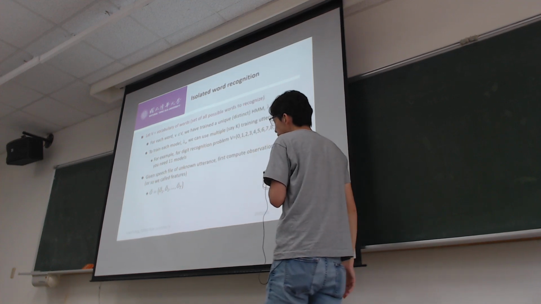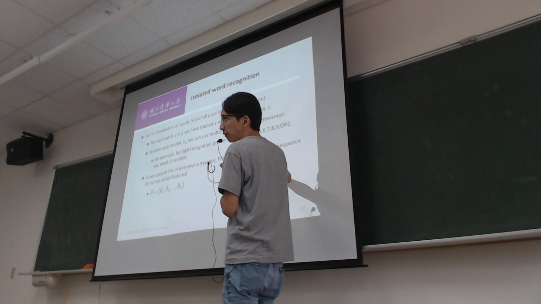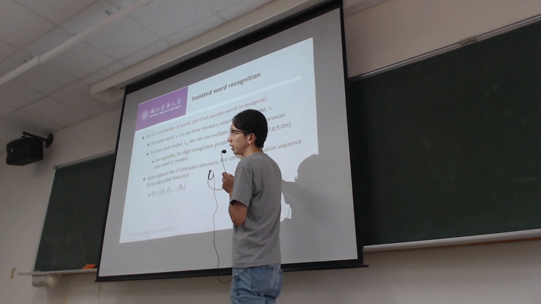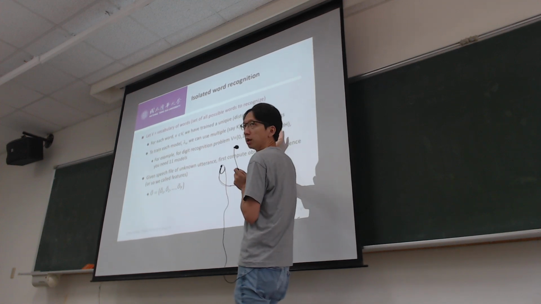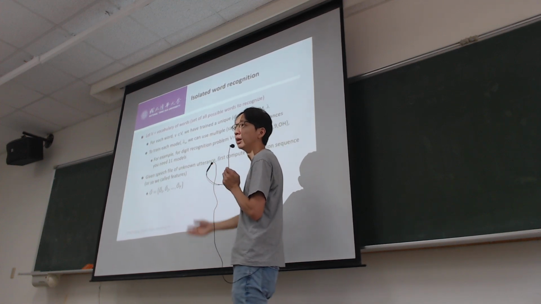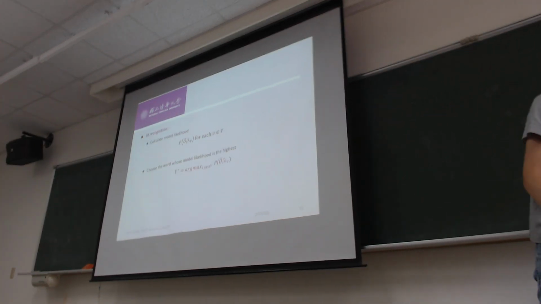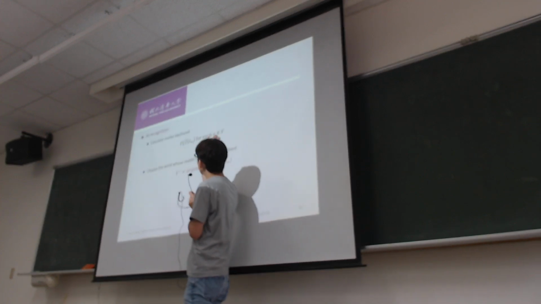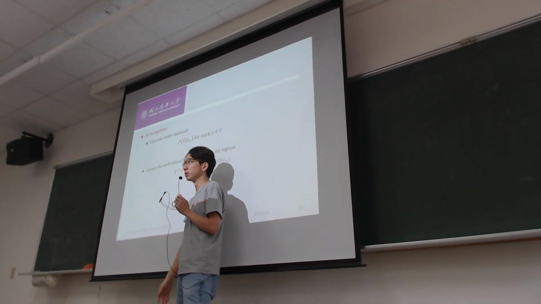Given a particular speech file of an unknown utterance, you just compute the P of O given lambda for each one of the lambdas. Then you pick the one that gives you the largest P of O. That's a very simple classification problem. So at recognition, very simple, you just compute the probability of O given lambda V, for each V. And we know how to compute this, right? You just need to compute the forward and backward variables and sum it up.